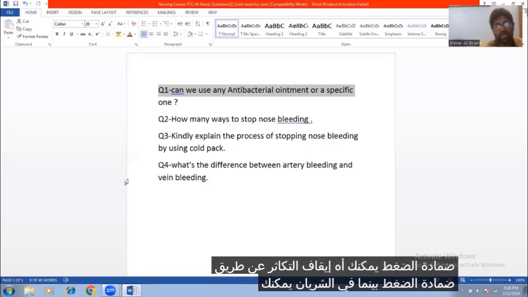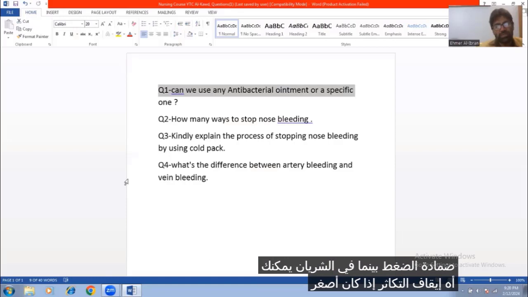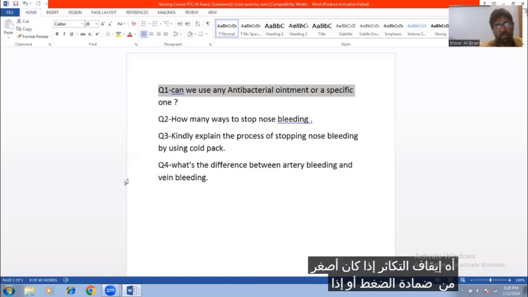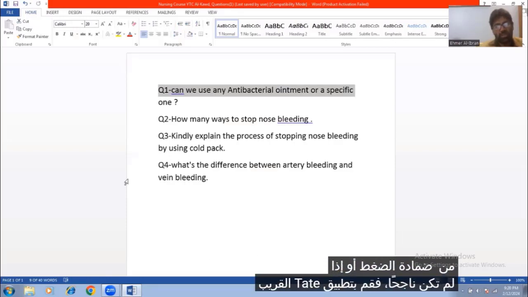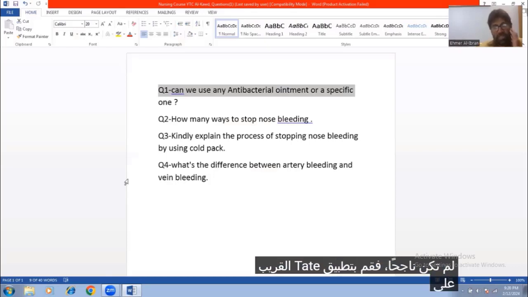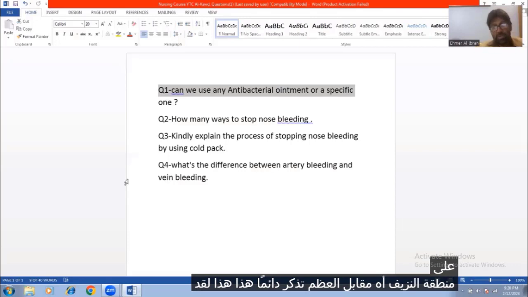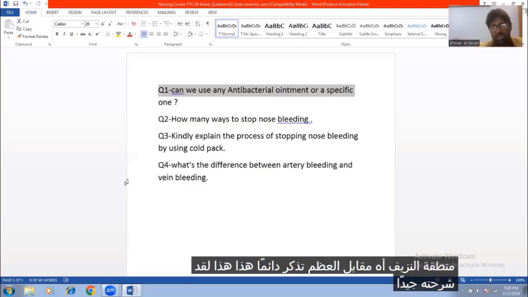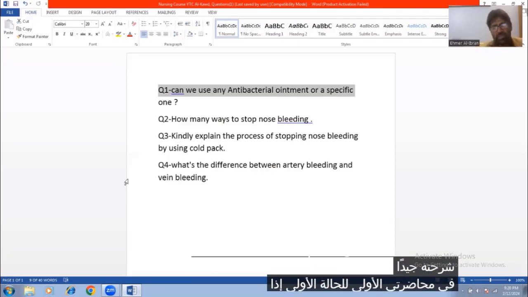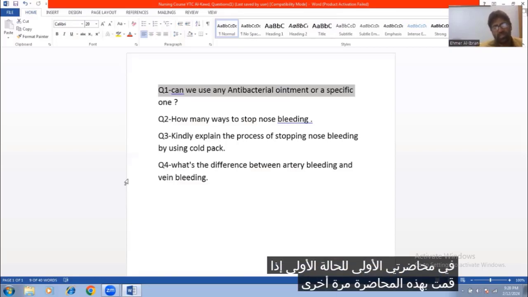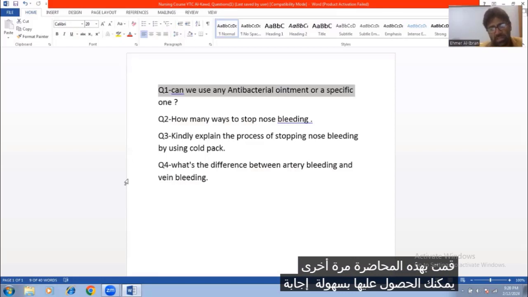While in an artery, if it is a smaller one you can stop the bleeding by pressure bandage, or if you are not successful, then apply a tourniquet proximal to the bleeding area against a bone. Always remember this; I explained it very well in my first lecture of first aid. If you go through that lecture again, you can easily get the answer to your question.